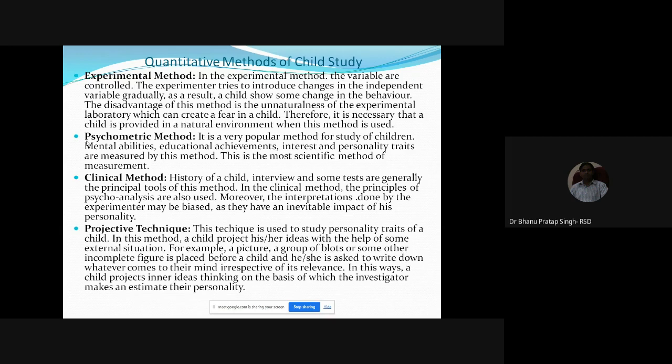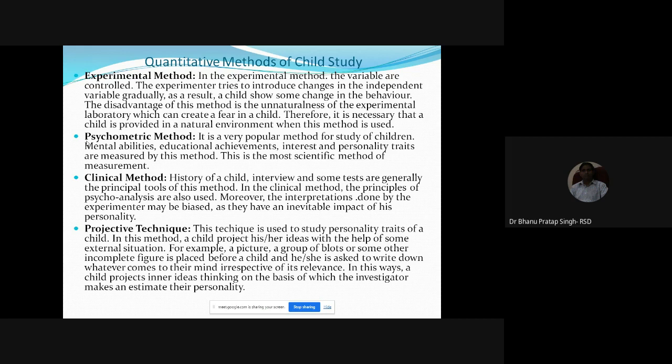This projective method, many of you may be aware, is being used in the armed forces also, in defense also, even in various competitive examinations like CDS and NDA. In that, an incomplete story or some pictures are shown to the applicant, who is expected to write their answer and complete the story.